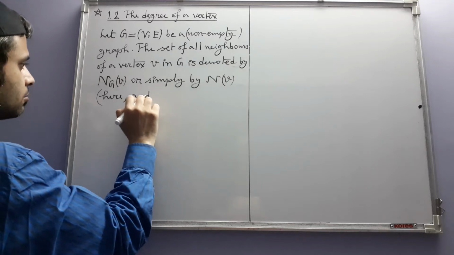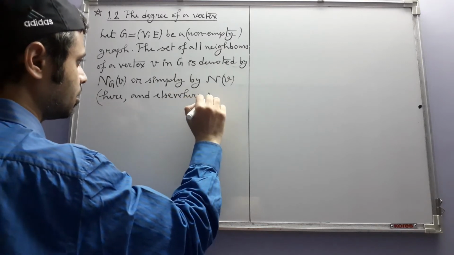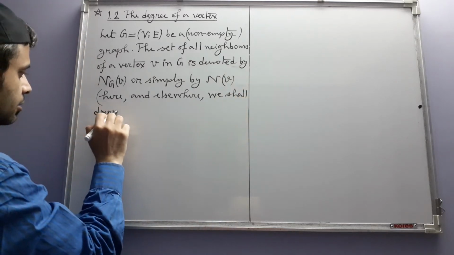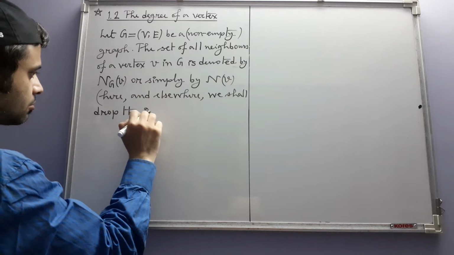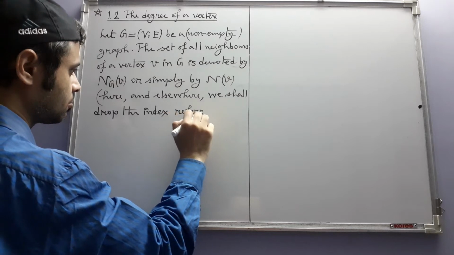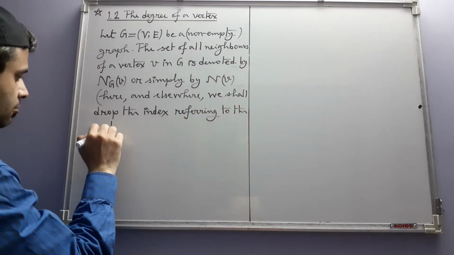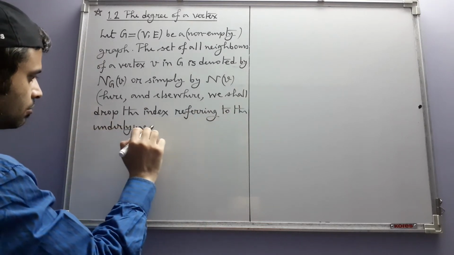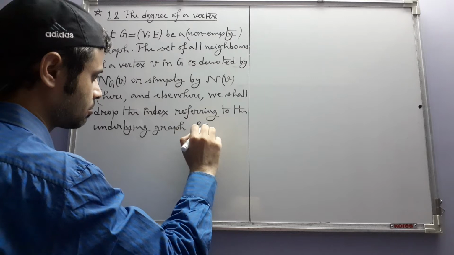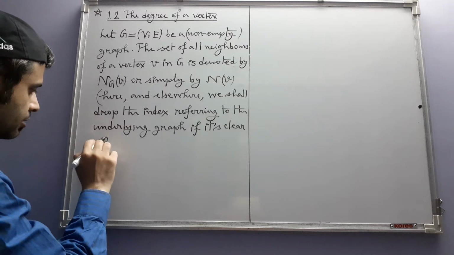Here and elsewhere we shall drop the index referring to the underlying graph if it's clear what the underlying graph is.